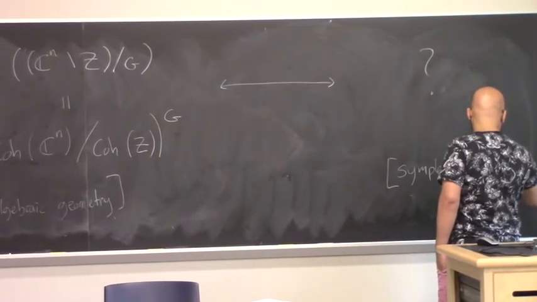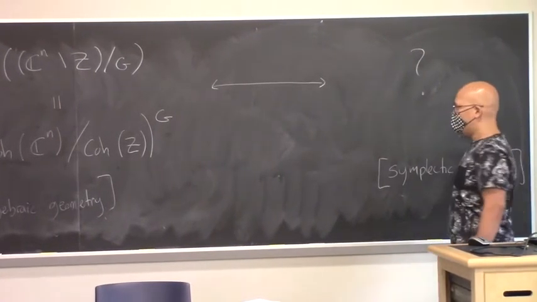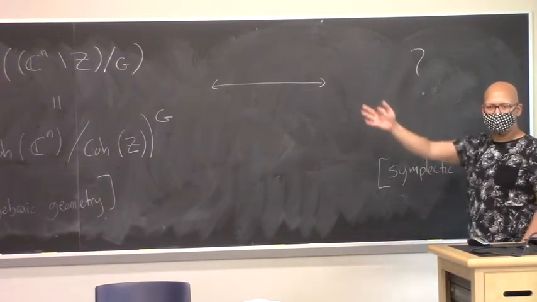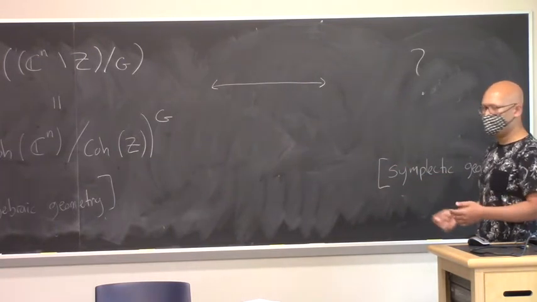That's what homological mirror symmetry is about. It's the assertion that from symplectic geometry I should produce for you the same categories.